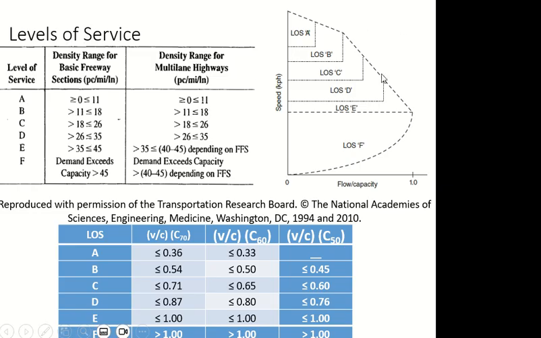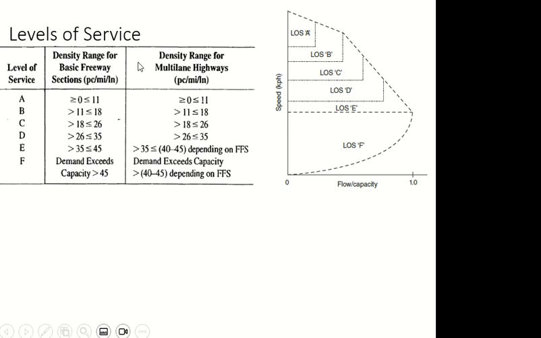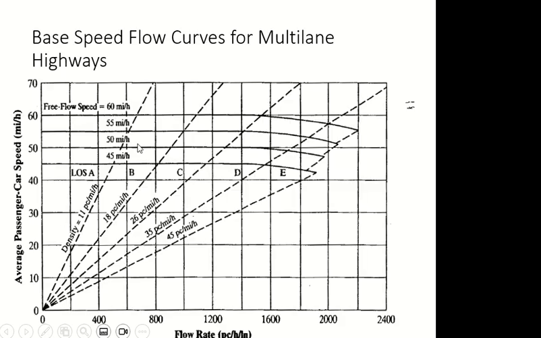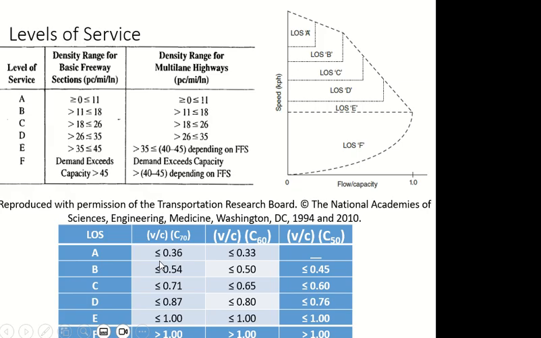If you are looking at these values, then this is the curve. These curves represent these values. If you are going by the old manuals, this is how the speed flow curve will look. Obviously capacity is constant.